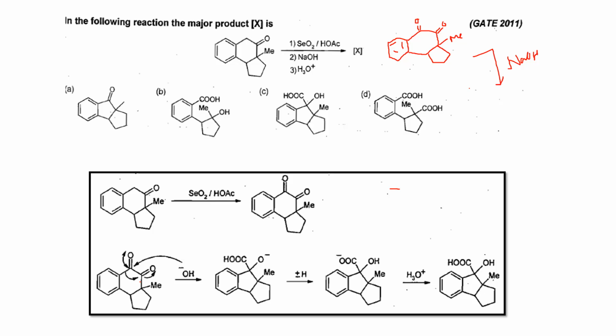And this carbon-carbon bond shifts to the carbonyl compound, and this opens up, forming an acid and O minus. Now in presence of H3O plus, it will get protonated, and the correct option will be option C. This is benzilic acid rearrangement. Just note it down.